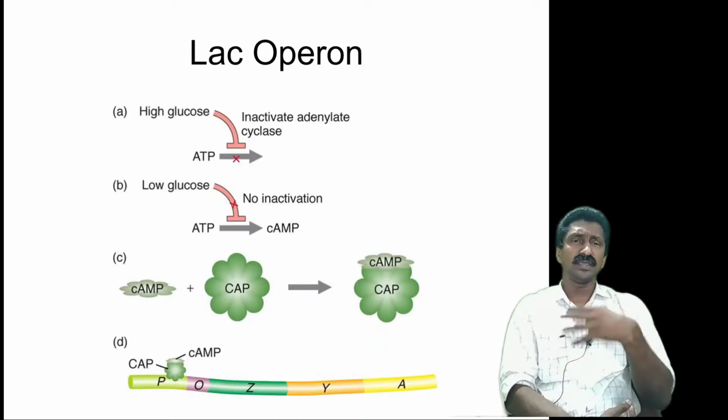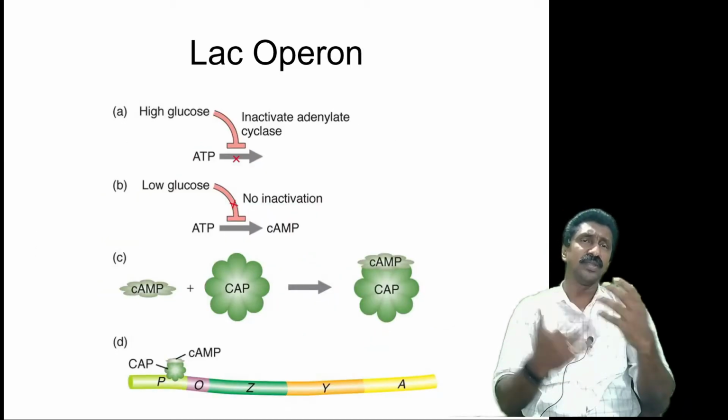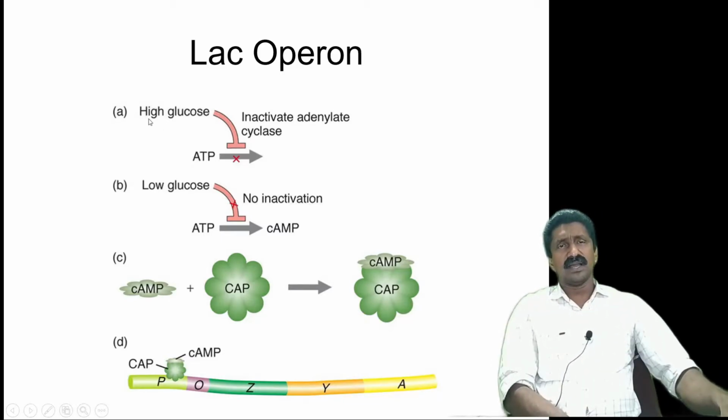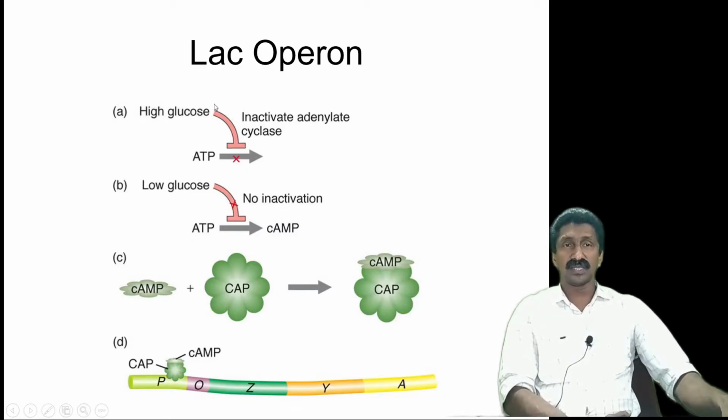Now when we discuss these regulatory mechanisms, here you can see there is a high glucose level. At high glucose level, there is ATP, and it inactivates adenylate cyclase. So the adenylate cyclase enzyme is inactivated, and cyclic AMP is not produced.